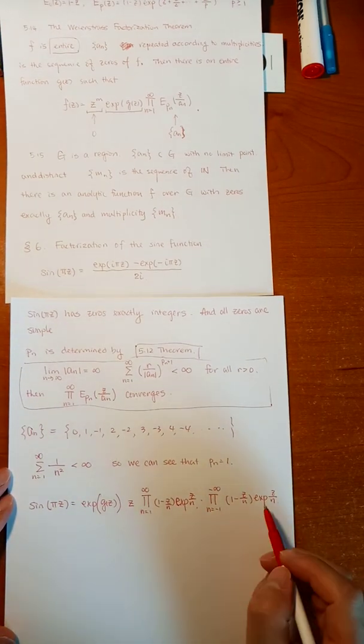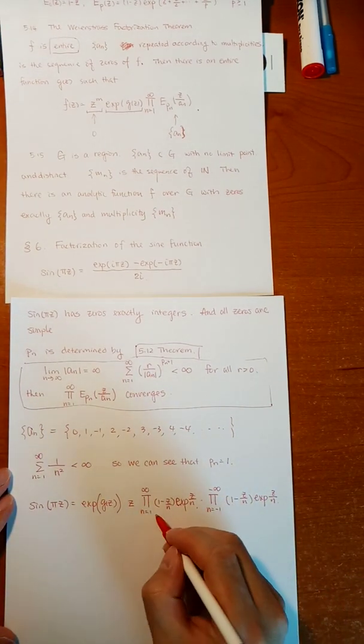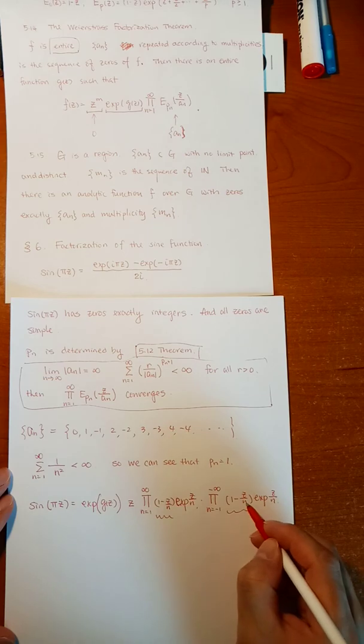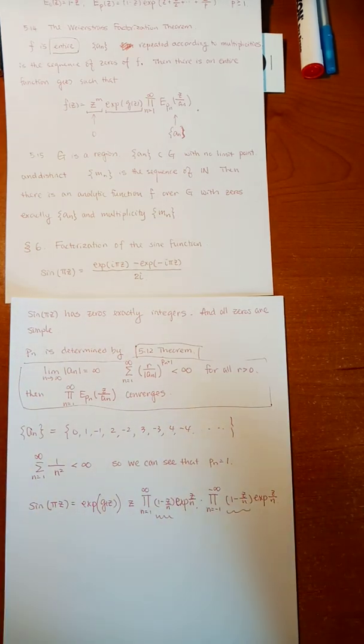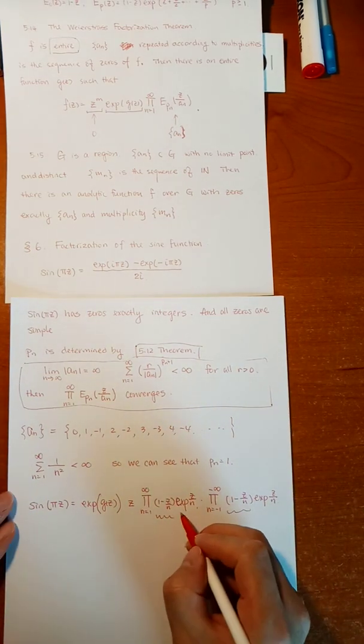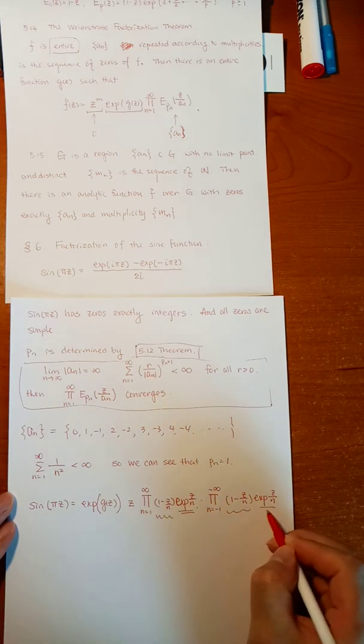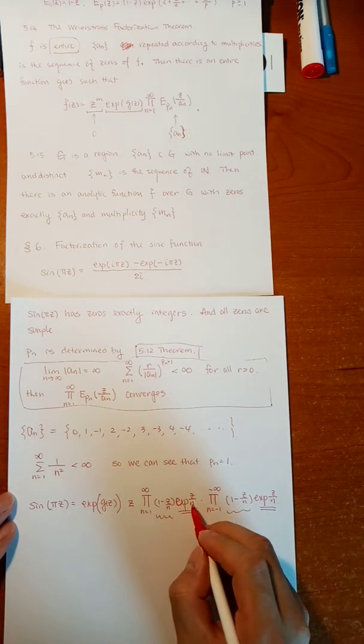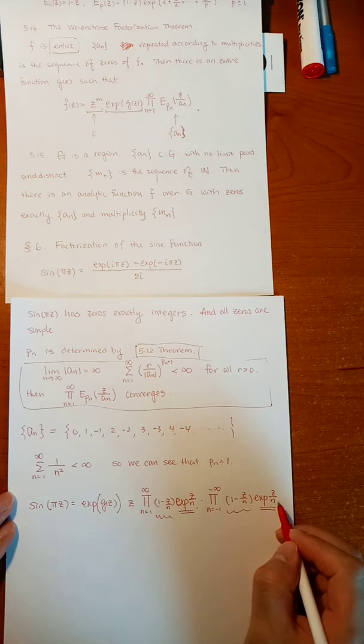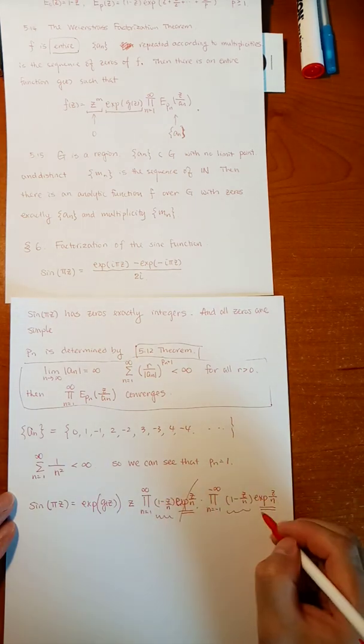And you combine these two. They can be combined because one is positive, one is negative, so you get the difference of squares. And the exponential z over 1 and exponential z over -1 cancel.